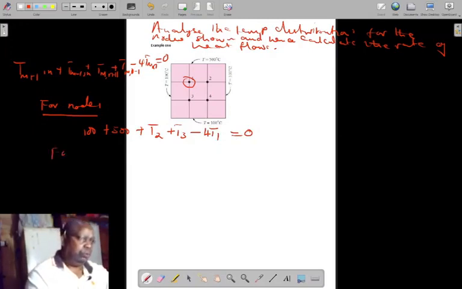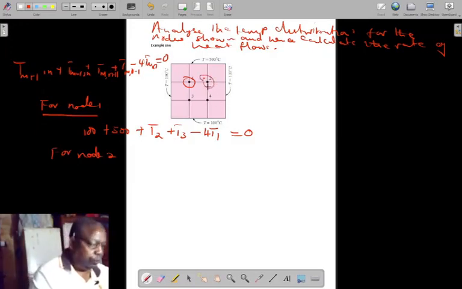For node 2 we'll have, this is now our node, and from node 2 if you go to your left you go to T1, if you go up, that is T(m,n+1), you go to 500.